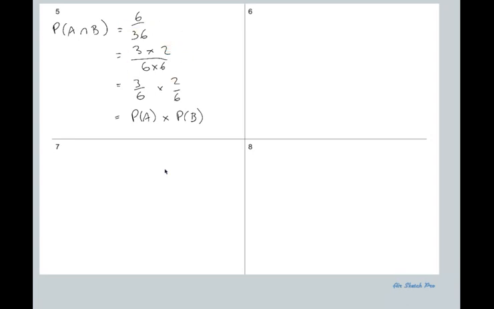I know I can simplify fractions, by the way, but that's not my point, which is why I'm not doing it. This is from the big sample space. These are from the smaller stages sample spaces, but they are equivalent as a result. Good? Okay, so the probability of A intersect B is equal to the probability of A multiplied by the probability of B.